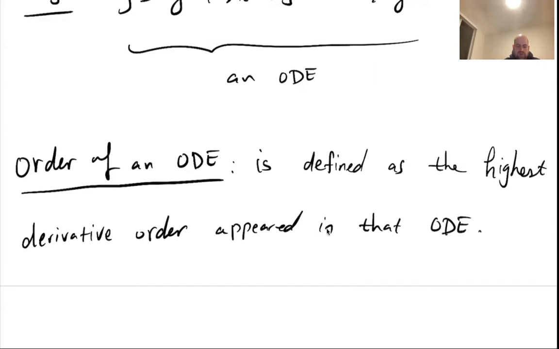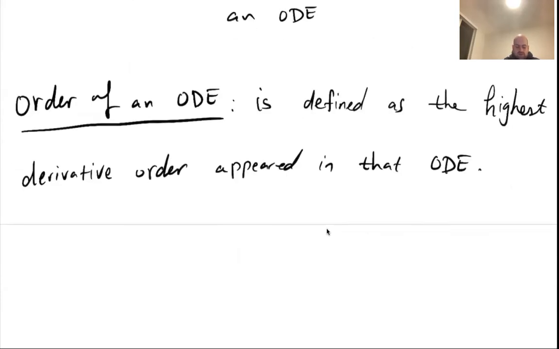So in order to define the order of an ODE, just look at the highest derivative order that appears. If, for example, the highest is the first derivative, then we call it first order. If the highest derivative that appears is the second derivative, then we call it second order, and so on.